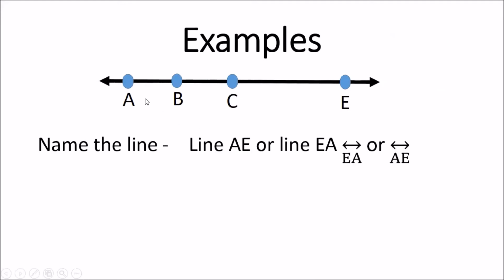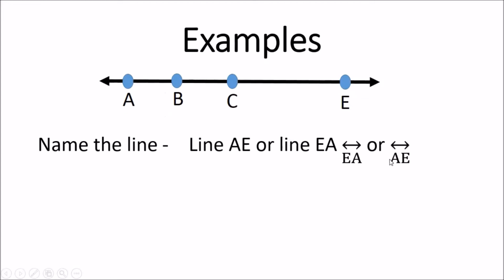To name a line, it is written as line AE, kukuhanin natin ang dalawang nasa dulo. Hindi pwedeng line A, hindi pwedeng line E, dahil hindi naman yung small letter, capital letter. So, 2 points determine a line. Tandaan ha, 2 points determine a line with double-headed arrow kasi may double-headed arrow dito.